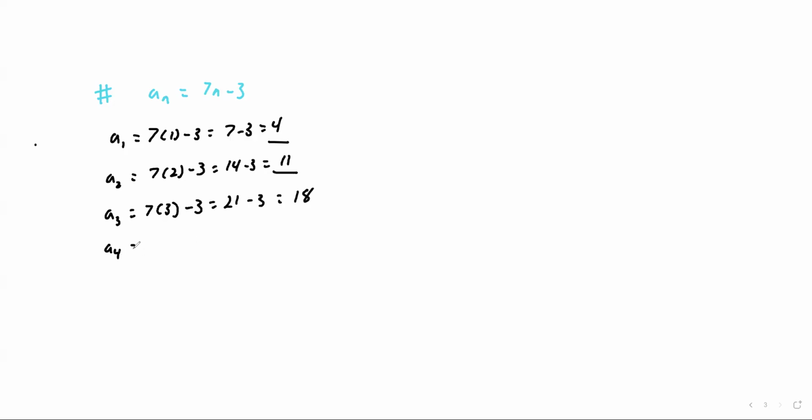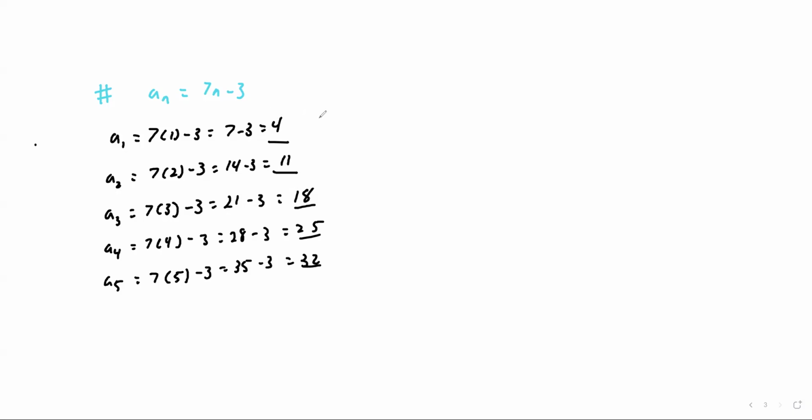And then a sub 4 will then be 7 times 4 minus, oh, not minus 4, minus 3. So that'd be 28 minus 3, which is 25. And then a sub 5 would be 7 times 5 minus 3. So that'd be 35 minus 3, which is 32. And then there's your first 5 terms.